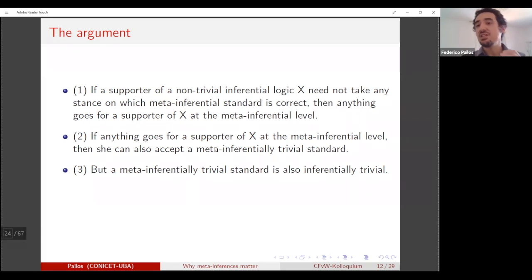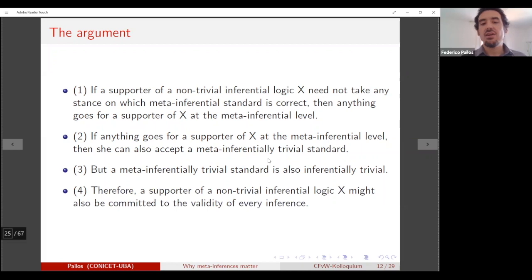But a metainferentially trivial standard is also an inferentially trivial standard. This is what I want to defend here. Therefore, a supporter of a non-trivial inferential logic X might also be committed to the validity of every inference. It's not that she is committed, but she might be. One can no longer describe a supporter of a non-trivial logic X as not being committed to the validity of every inference.